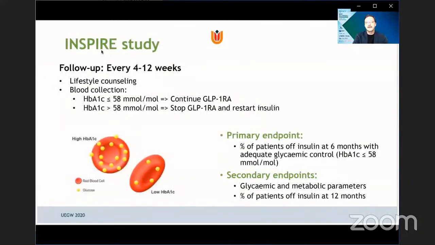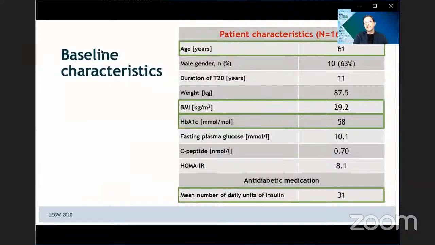As you can see here, those patients were re-evaluated every 4 to 12 weeks, and if they didn't get better, insulin was returned and the GLP-1 analog was withdrawn. So these are the characteristics, as you can see here: the age, the BMI, HbA1c, and highlighting that the mean number of daily units of insulin was 31.